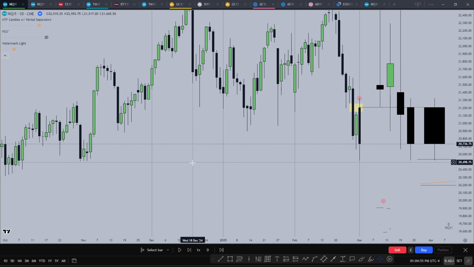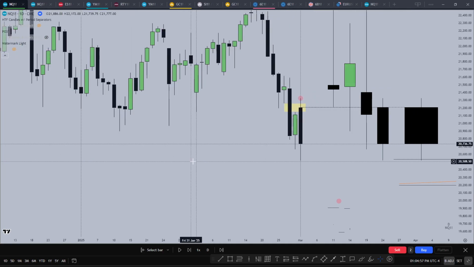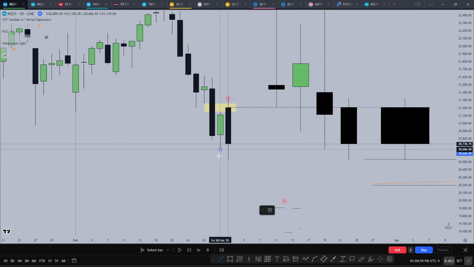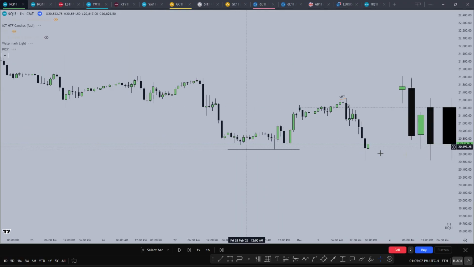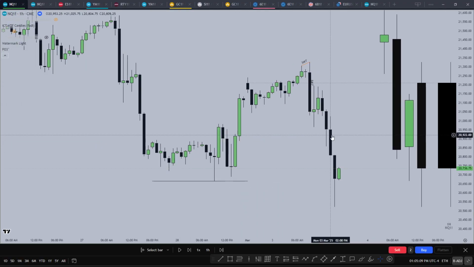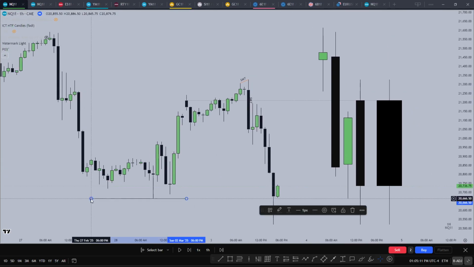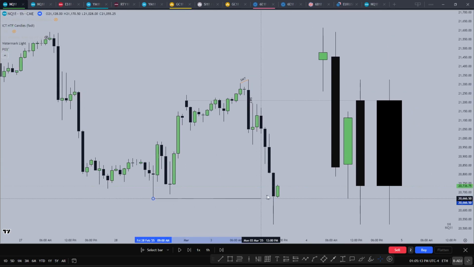I don't remember till where I framed it, but till the previous day low. Okay. So you are framing the daily OHLC candle, a daily bearish candle, right? This daily candle.